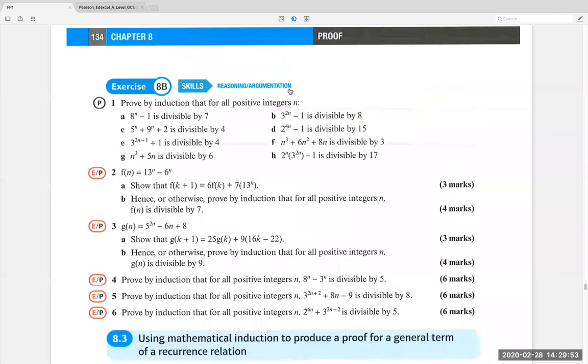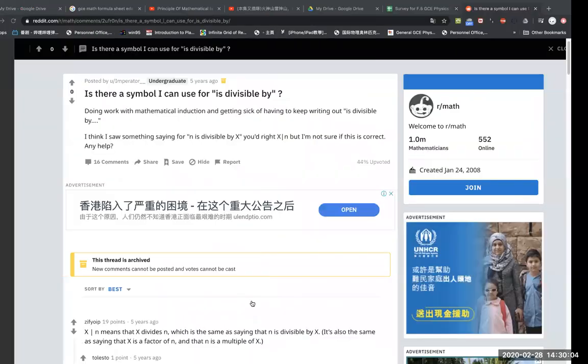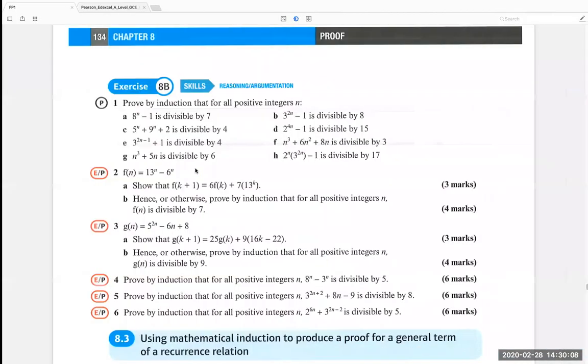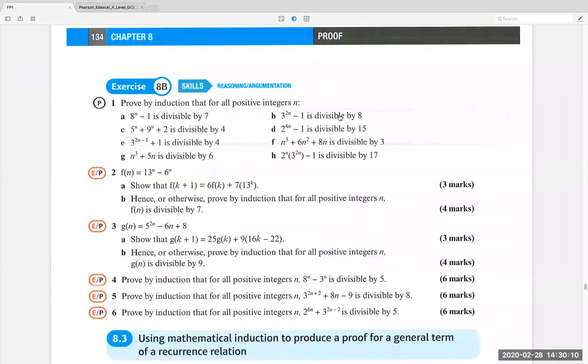Maybe each of you do 2 questions. Let me copy or just send this. Question 4, and maybe also just do one above.